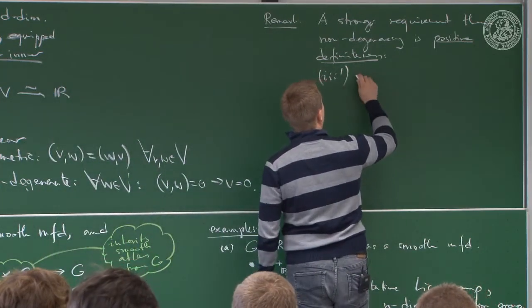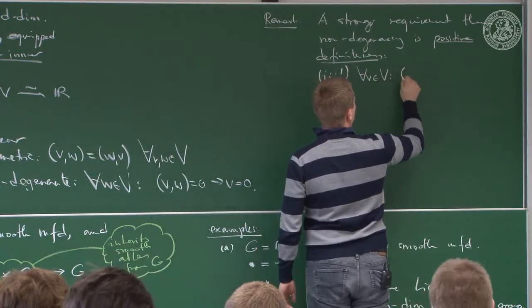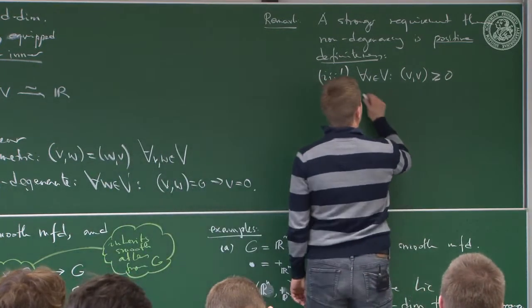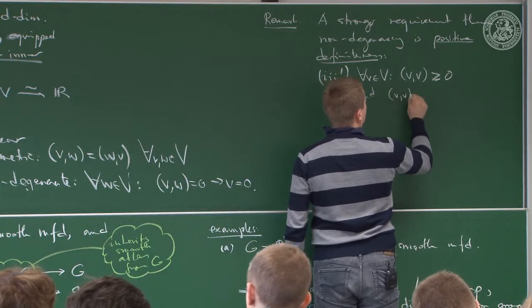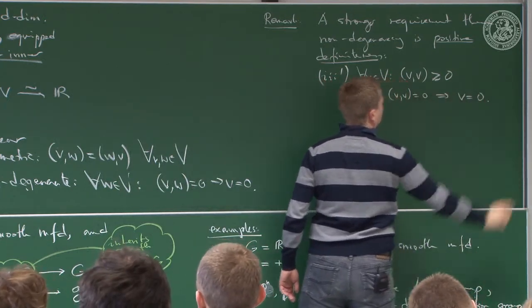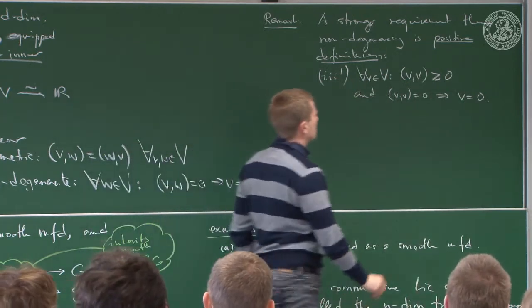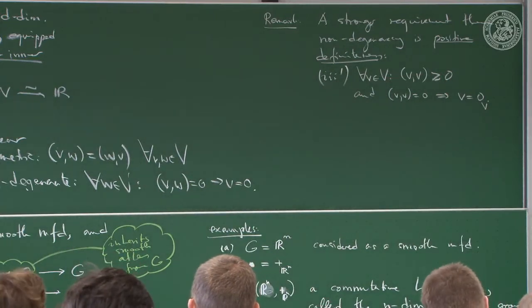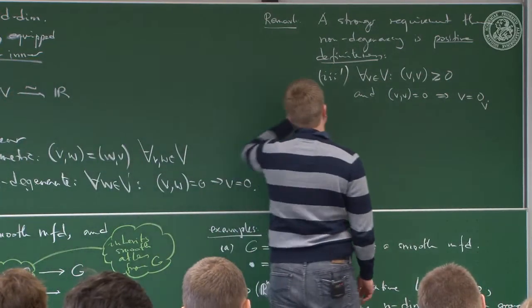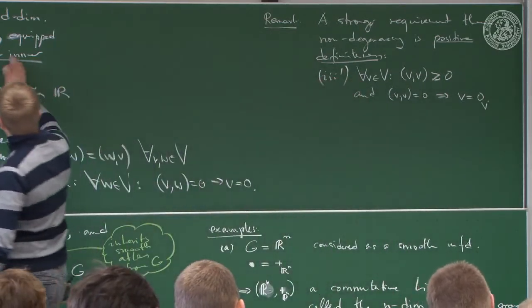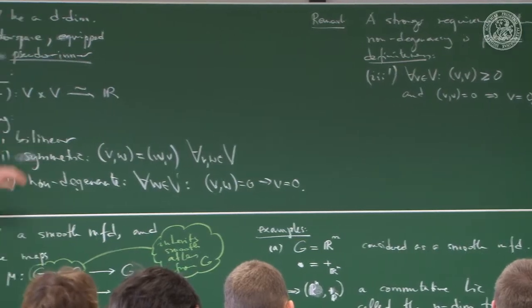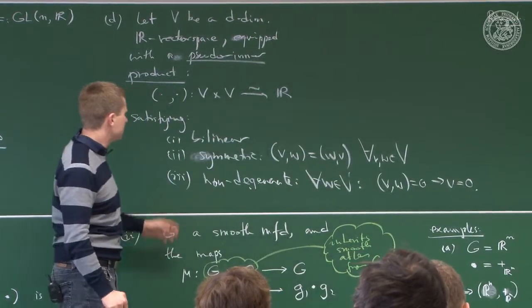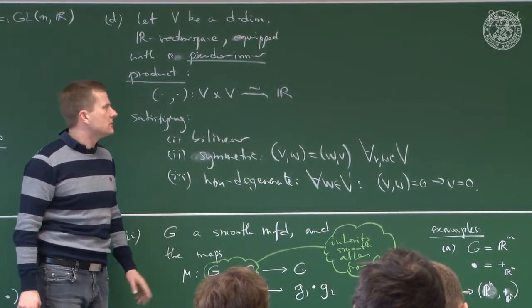And that says that for all v in V, (v, v) is always greater or equal to 0, and (v, v) equals 0 already implies that v was the 0 vector in V. And in that case, if 3 is replaced by 3 prime, we call the whole thing an inner product. And the pseudo is owed to the fact that I weakened the positive definiteness condition to only a non-degeneracy condition.